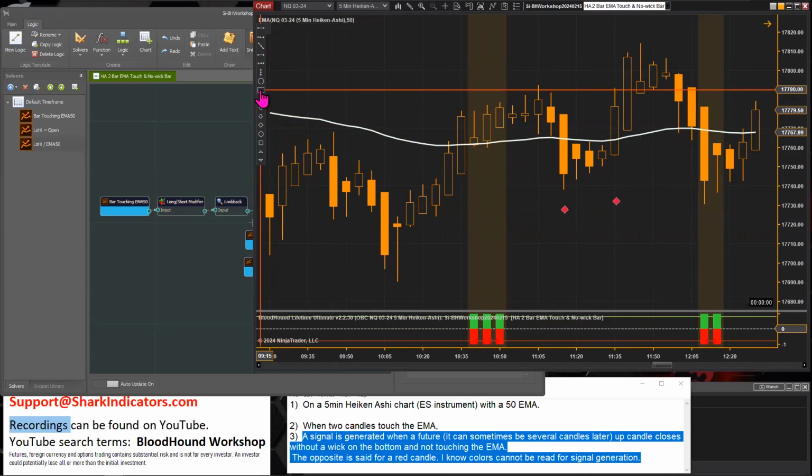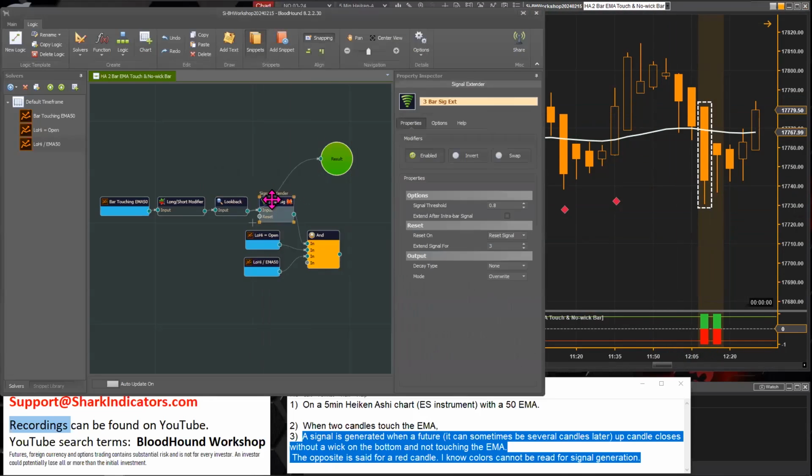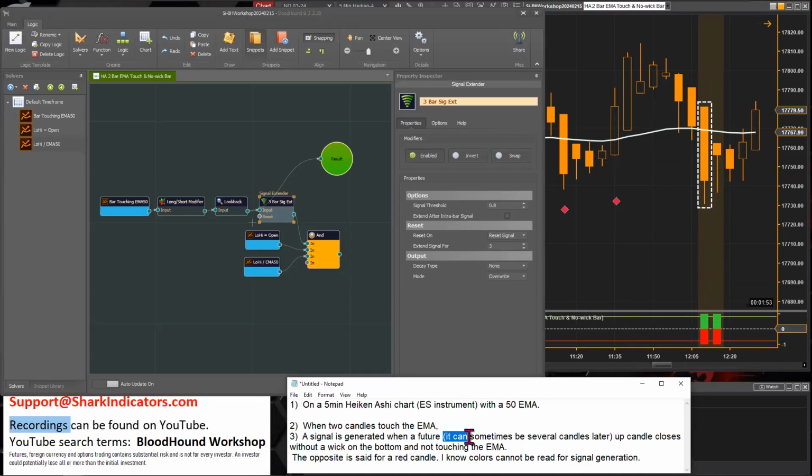Right. So sometimes the signal going into the signal extender includes a bar that's touching, right? But to be more precise, these bars in the future could be several candles later, but this is supposed to be after the bars are not touching.